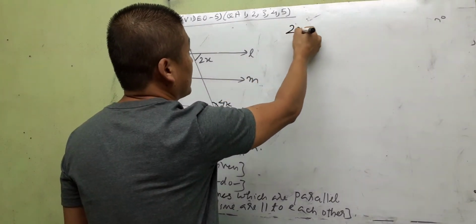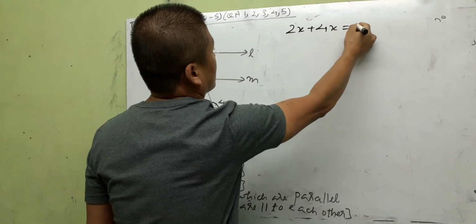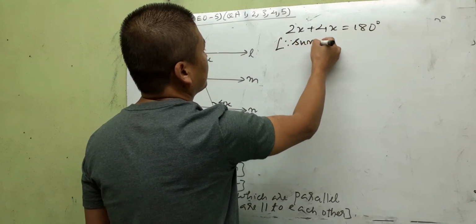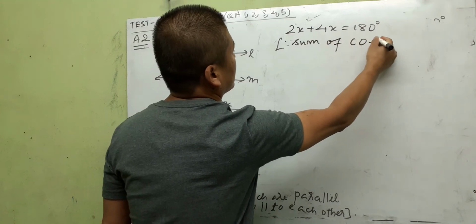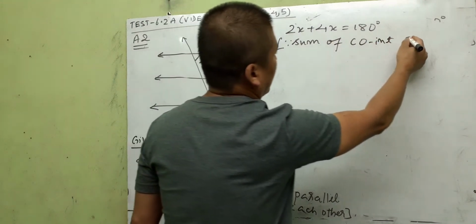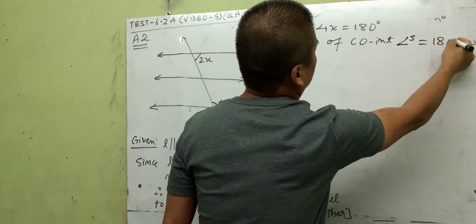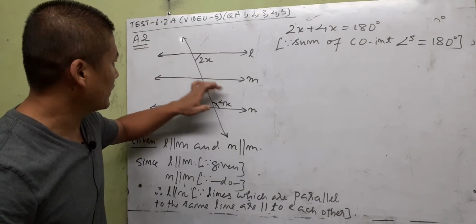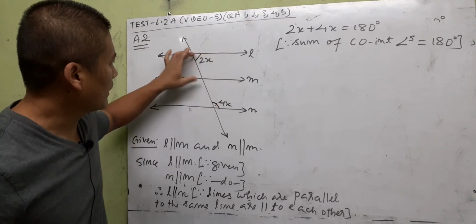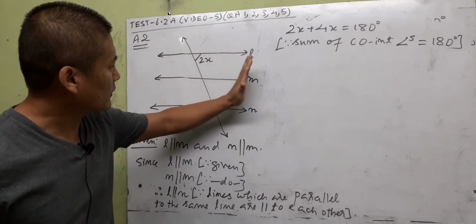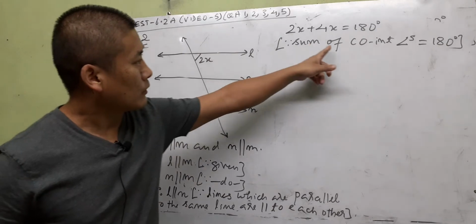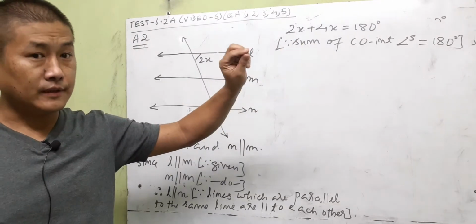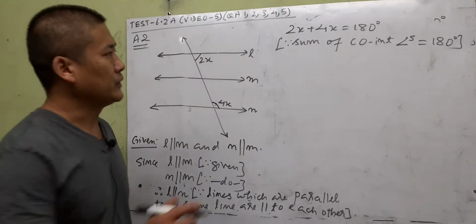So we write here 2x plus 4x, these two angles will be equal to 180 degree, because we know the sum of co-interior angles is always 180 degree. When the lines are parallel, the interior angles on the same side of the transversal, which are called co-interior angles, sum to 180. We used it just now also.